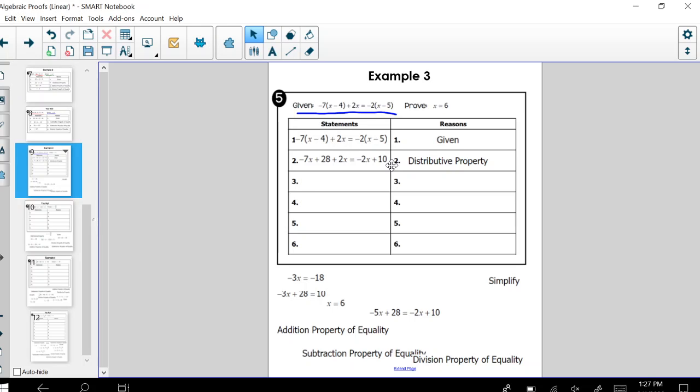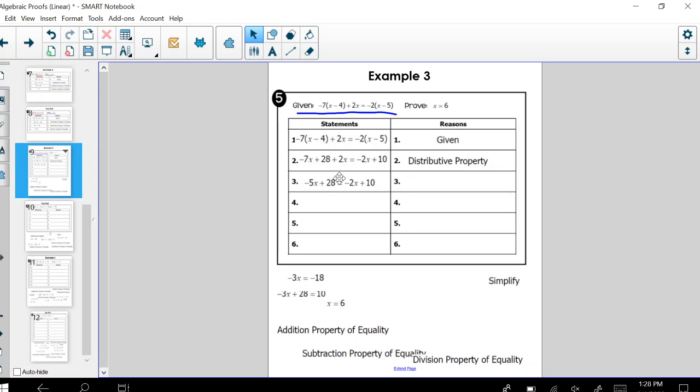Now on the left side here, I see a -7x and a +2x. So for those, I can combine my like terms since they're on the same side of the equal sign. So -7x plus 2x will give me -5x plus 28, and then the other side stays the same.